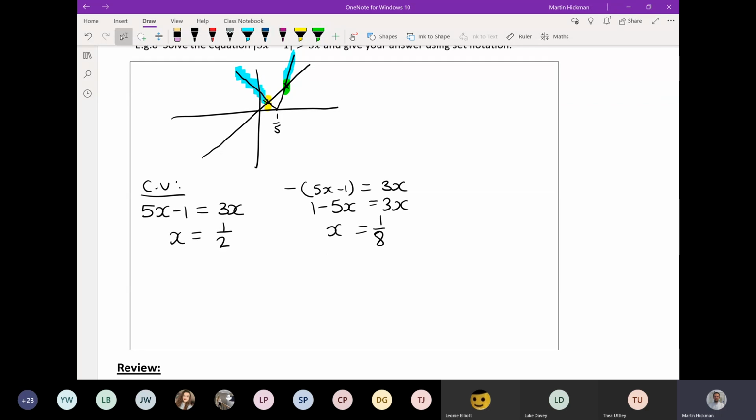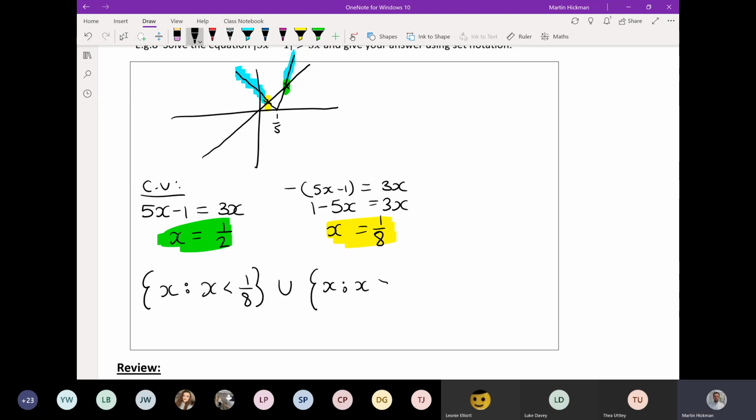So we put in set notation, we need these curly brackets. And what we're having here is, firstly, this solution in yellow is your 1/8, and this solution in green is your half. So if x is less than an eighth, or, we need the or sign here.